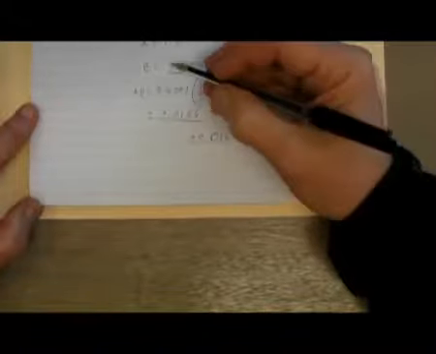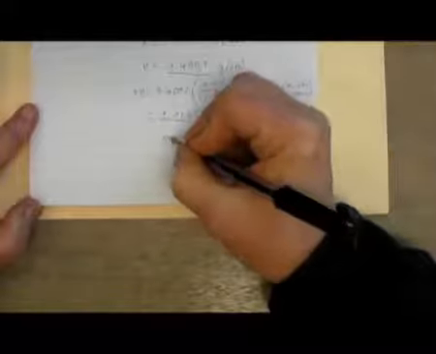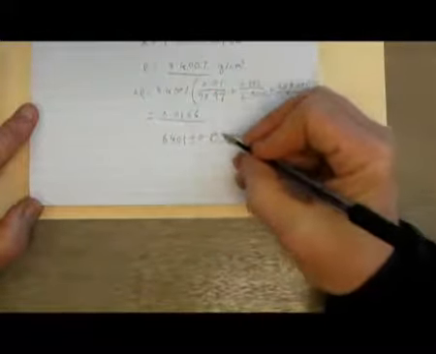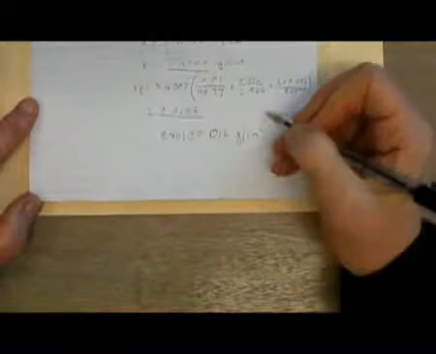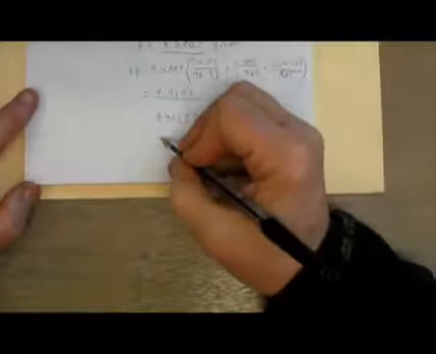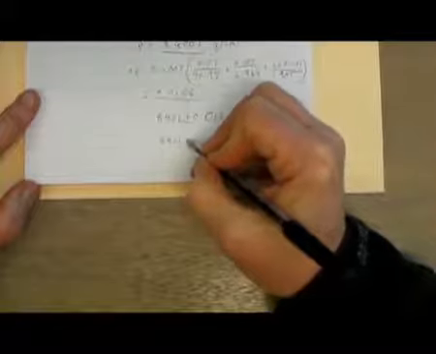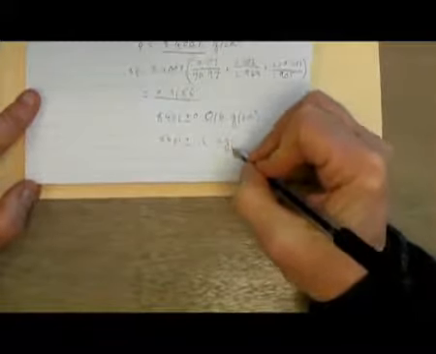Rounding that up, it'll be 8.401 plus or minus 0.016 grams per centimetre cubed, which translates, in SI units, to 8401 plus or minus 16 kilograms per metre cubed.